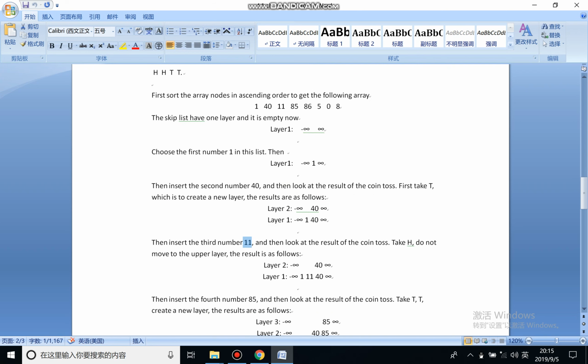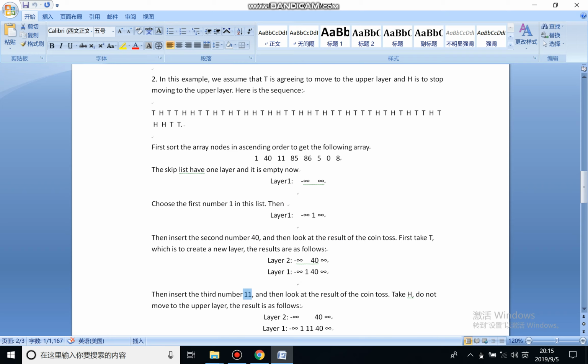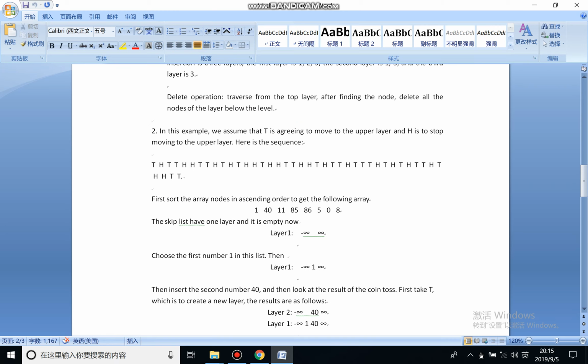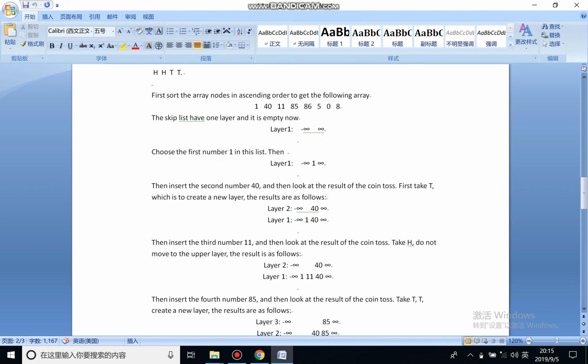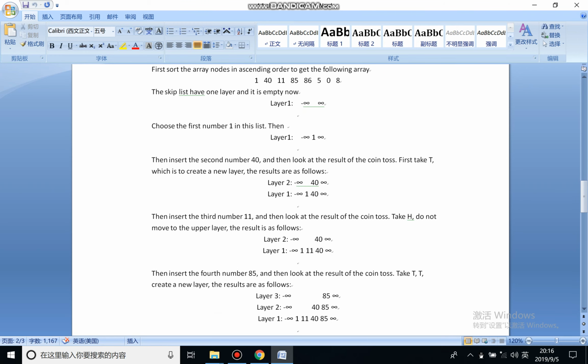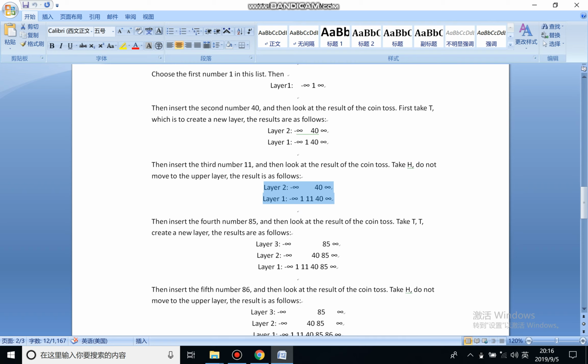The 11 is the third element, so we insert it in the bottom layer, and look at the coin flips. The coin flip is H, and we assume H means not moved to the next layer, so we get a state here.